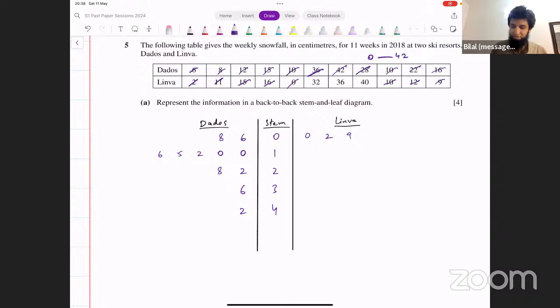These 5 values. And then in 20s, we don't have any value here. In 30s, we have 2 and 6. Again, all of them should be aligned. And finally, in 40s, we've got 0. And you can count them. These are 11 values. This is what your stem and leaf diagram is going to look like.